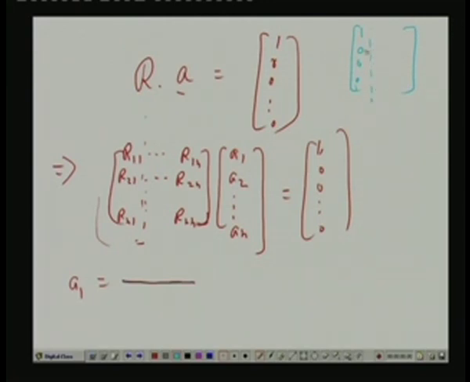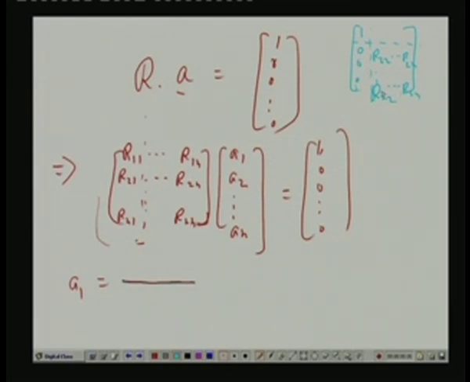So, you have here r 2 2 up to r 2 n, and then r n 2 up to r n n. What is this matrix?